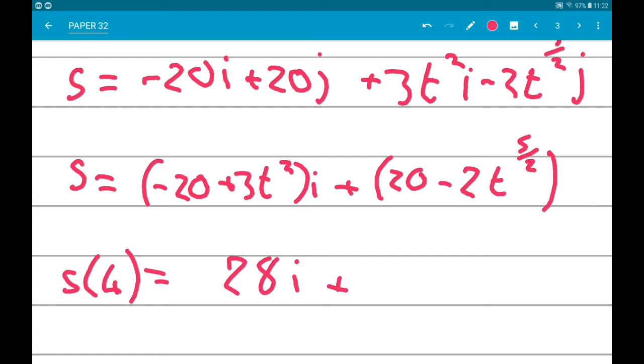Add, now 4 to the 5 halves is 2 to the power 5, which is 32. Then times that by 2, we get 64. So we have 20 minus 64j, so that's minus 44j.